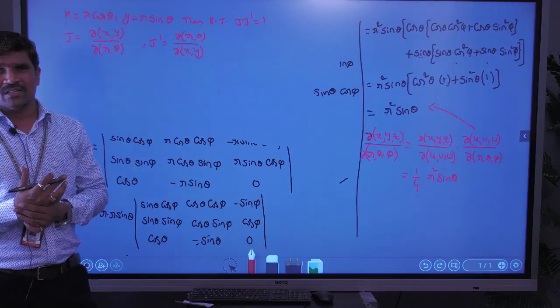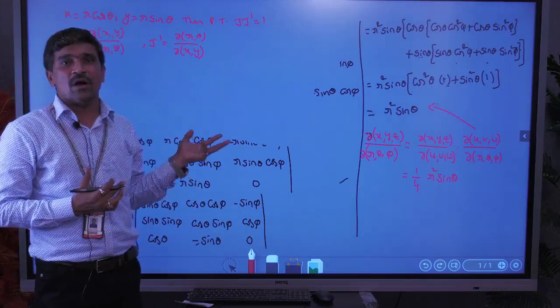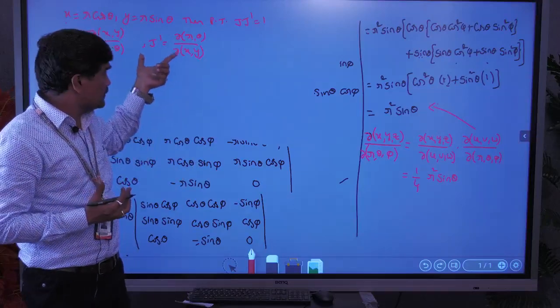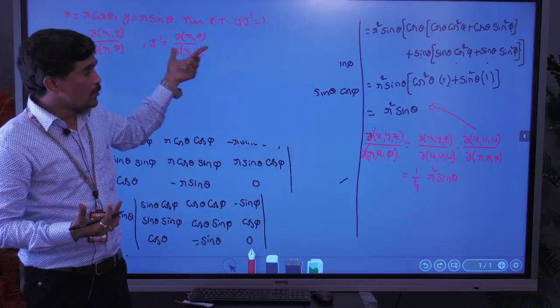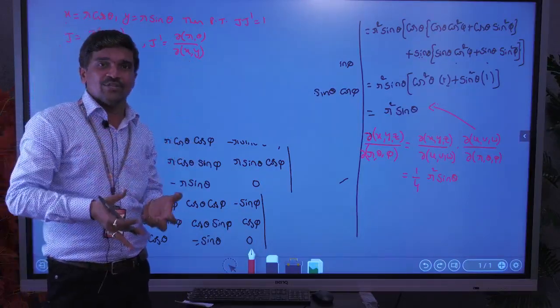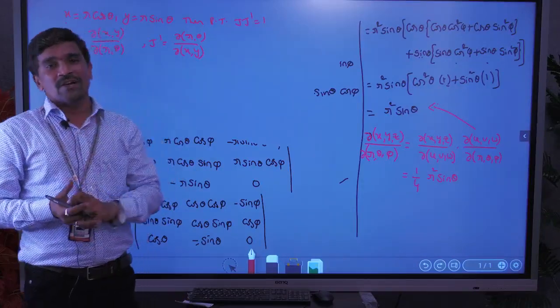So what is functional dependence? If the Jacobian of u, v with respect to x, y is not equal to 0, then they are functionally independent. But if the Jacobian is 0, then that is called functional dependence.